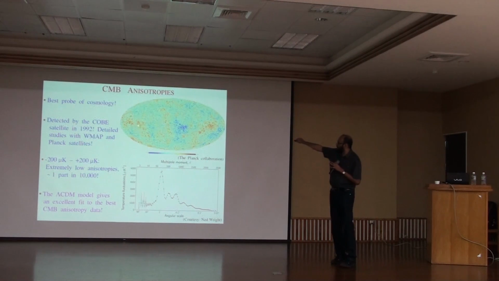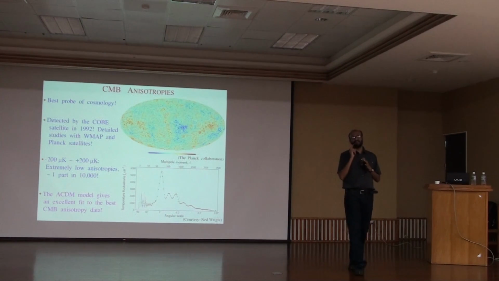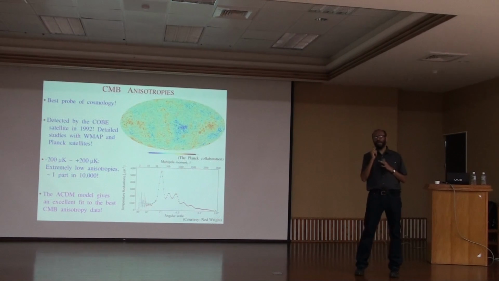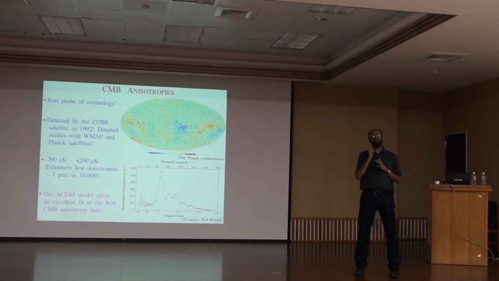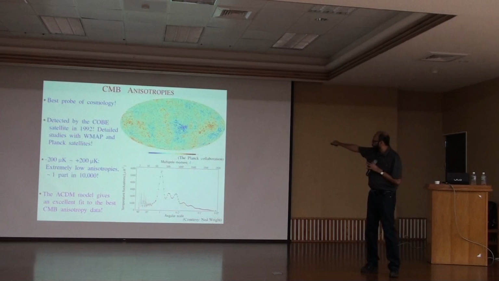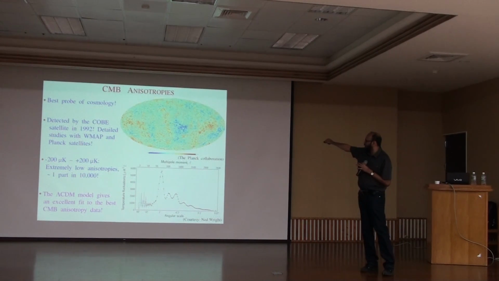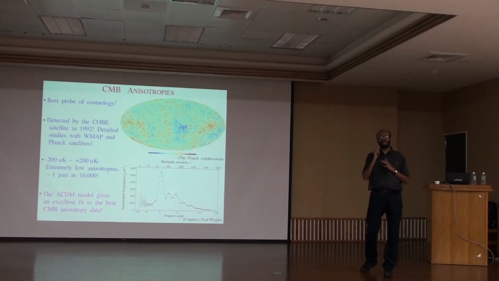Each point over here, the brightest point over here, is plus 200 microkelvin. 0.2 millikelvin. 10 raised to 4 times smaller than 2.7 Kelvin. The bluest point, the brightest blue point, is minus 200 microkelvin. Minus 0.2 millikelvin.